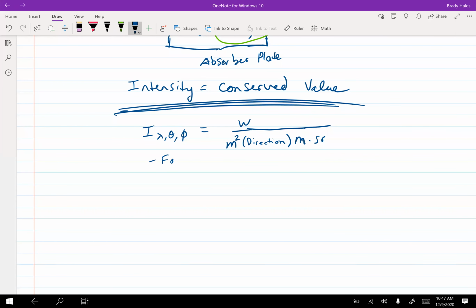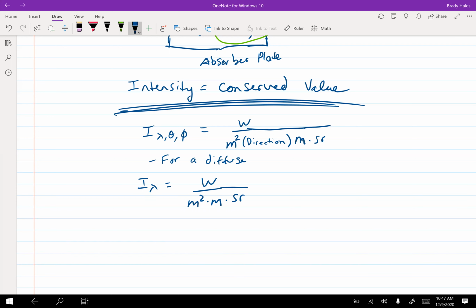For a diffuse surface, this then becomes watts per meter squared, meters for lambda and wavelength, steradians.